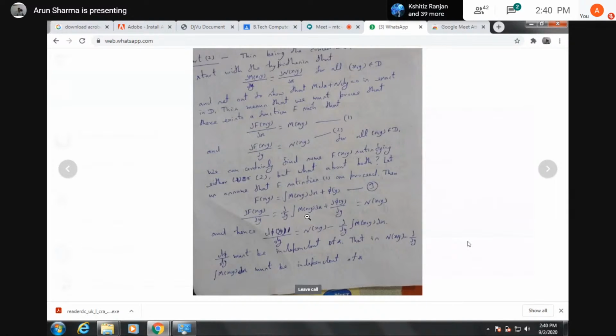That is, this right hand side, N(x,y) minus ∂/∂y of the integration of M(x,y) dx, must be independent of x.